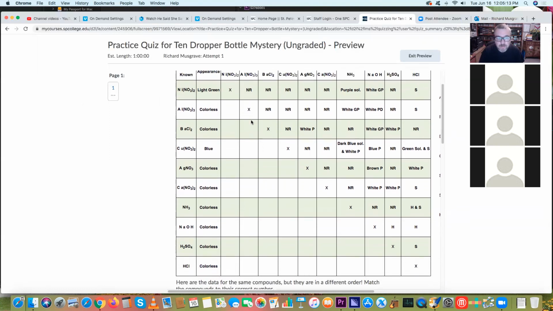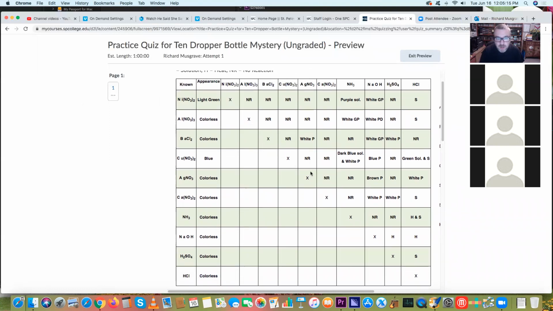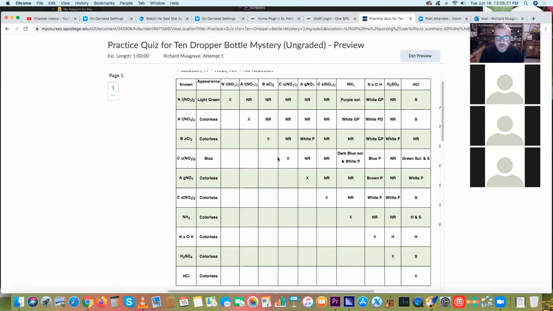You'll notice that there's X's all the way down here. That's because we don't want to interact something with itself, so there's no reaction there. And the reason we end up getting half this filled is that if we're looking at, say, the addition of aluminum nitrate to sodium hydroxide, it's pretty much the same as adding sodium hydroxide to aluminum nitrate. So we don't really need to do that either. So that's what you're looking at.